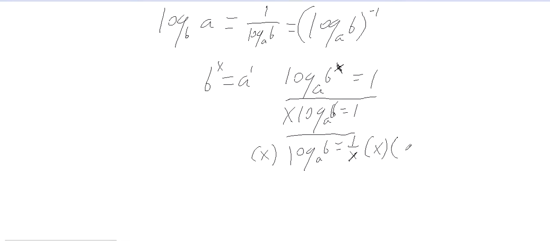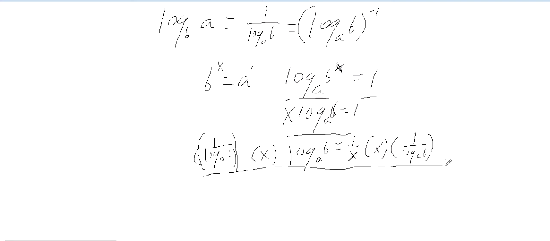That would be the same as multiplying by the fraction 1 over log base a of b. Anyway, that simplifies to x equals 1 over log base a of b.